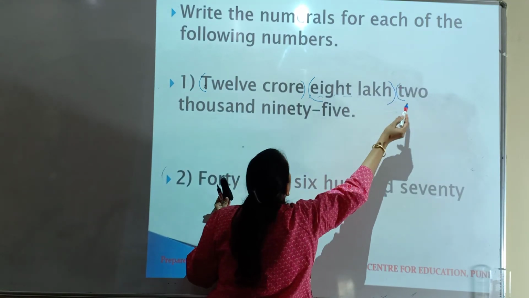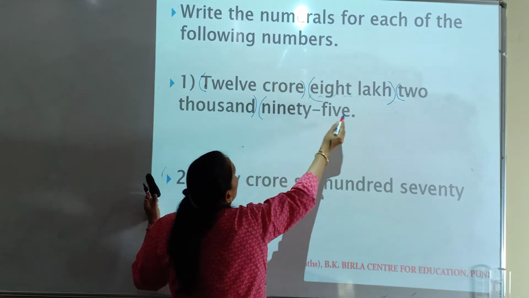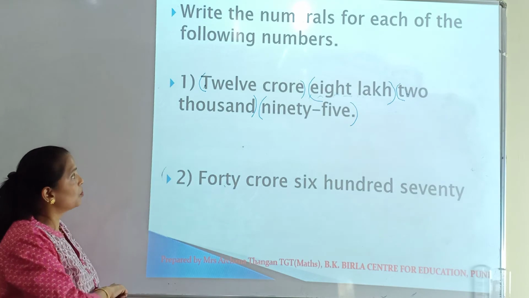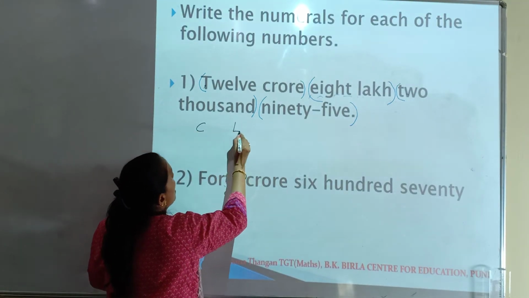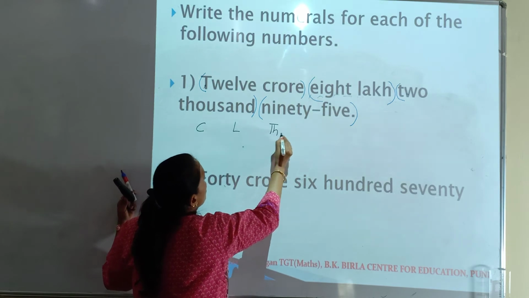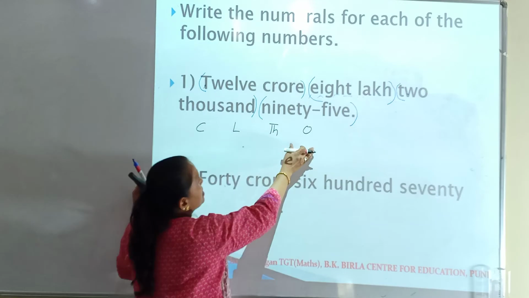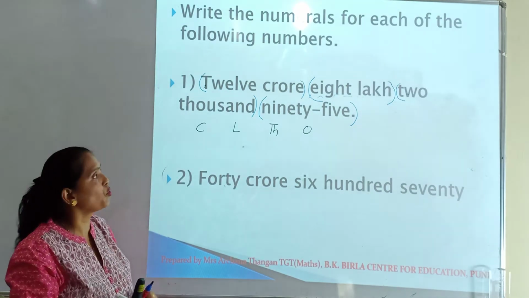Then the third group is 2095. This means this number we have to divide into 4 groups: crore, lakh, 1000 and ones. In the ones period there are 3 places, and in the remaining periods there are 2 places.